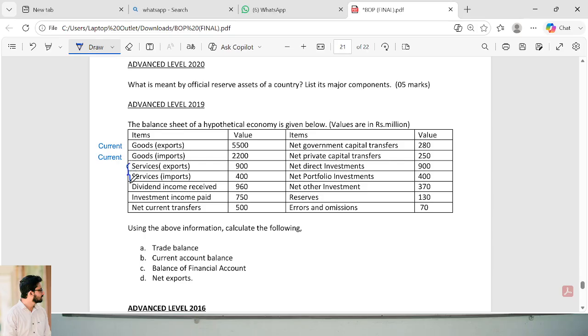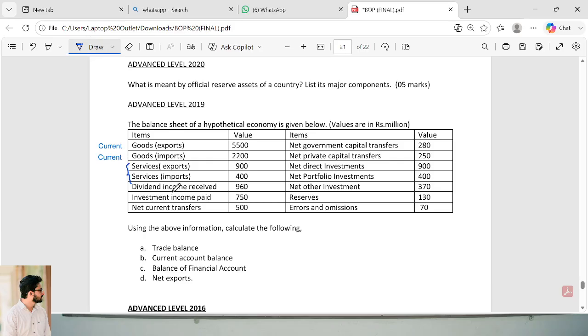What is the account? Sorry, you're correct. Yes, current. The services account also goes to the current account.